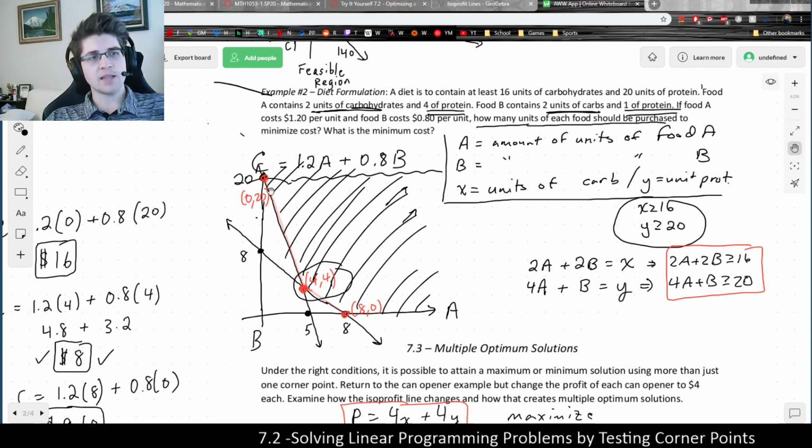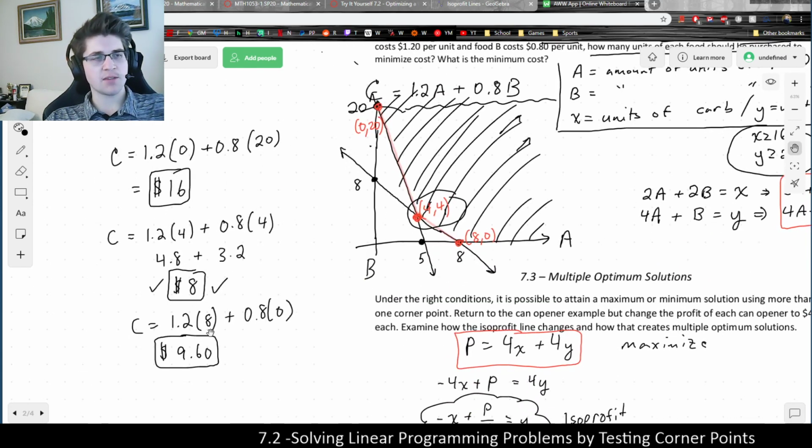But ultimately it is to find the inequalities, graph the inequalities, find the points at the edges, plug them into the cost equation or profit or whatever it is you're trying to minimize or maximize. You don't use that in the graph. You put those corner points into the formula. And after we weigh those options, we can figure out which one is either the minimum or the maximum.